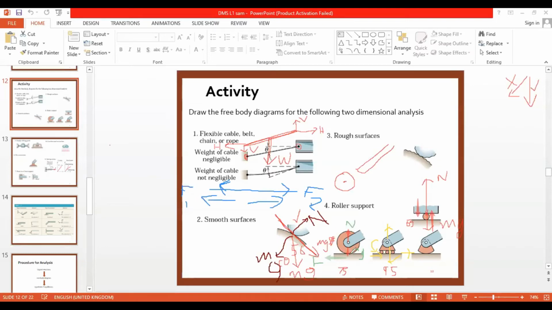So here, yeah, normal force is this way, that is fine. It may have some weight, that's also fine. If I consider this as moving this way, then there will be a frictional force on the other side, that is also correct.